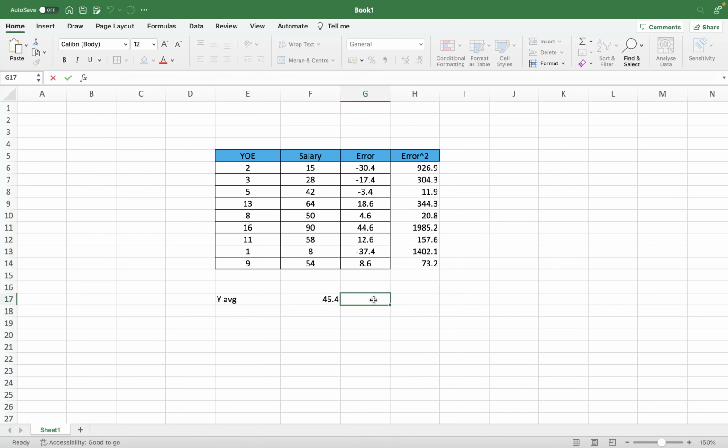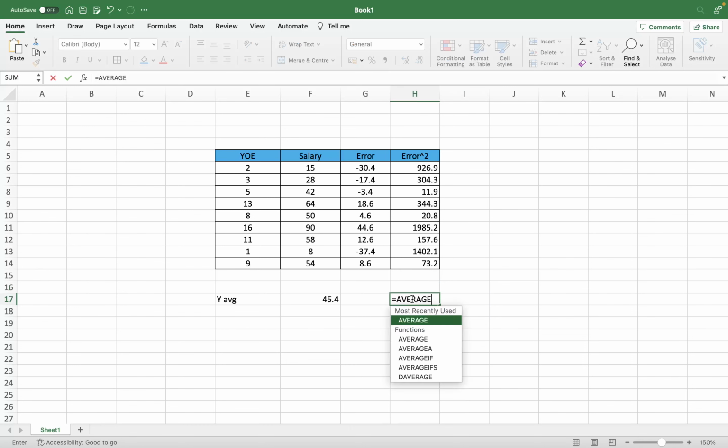And we'll do the summation of the error square. Getting my point, everyone? This is the way we do it, right? So not average, we'll do the sum of it, the sum of the errors.